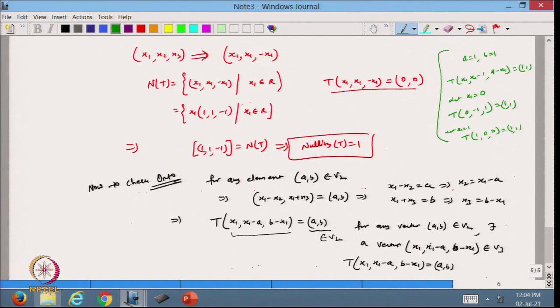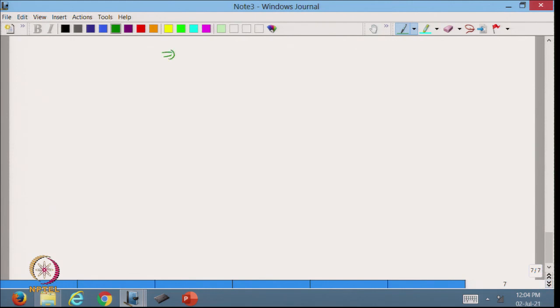So, from here you can check that for any element, I am able to get at least one element that maps to it. So, T is onto in this case, which implies that the range space of T is the whole V2, and the rank of T is 2.